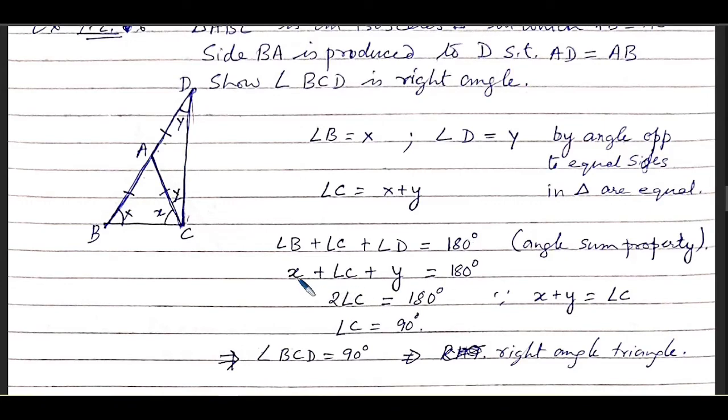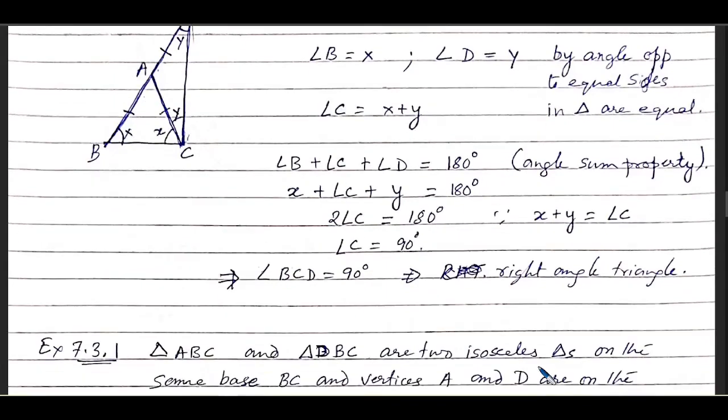So twice angle C is 180 degrees. Angle C is x plus y, so angle C plus angle C, twice. So angle C is 90 degrees. So angle BCD is 90 degrees. So it is a right angle.